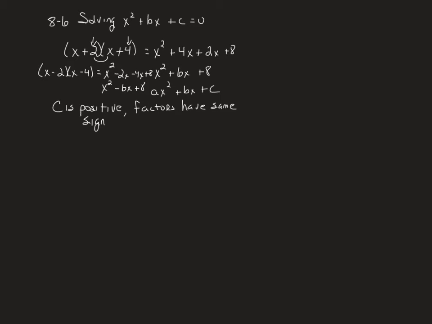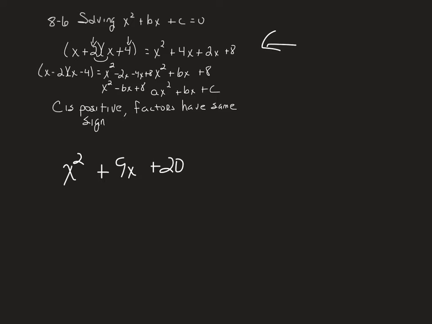Now let's look at x squared plus 9x plus 20. In the previous examples that we looked at, notice 2 times 4 was 8, but 2 plus 4 is 6.